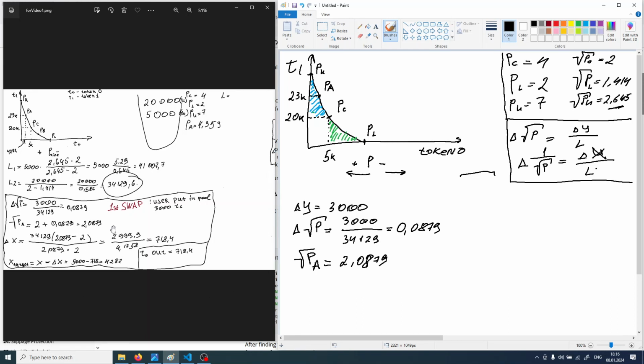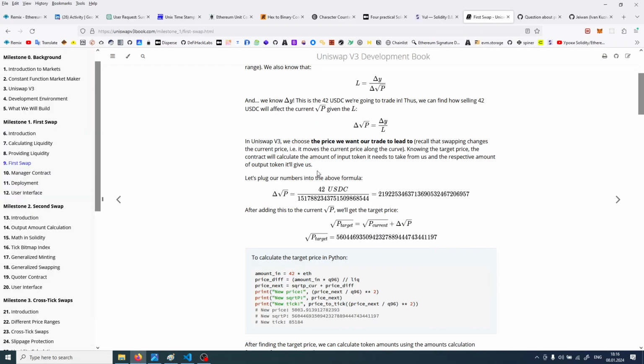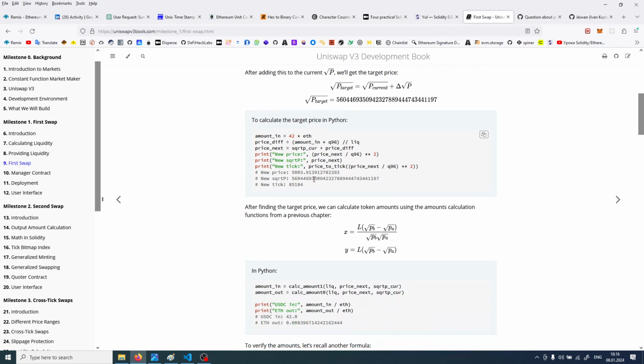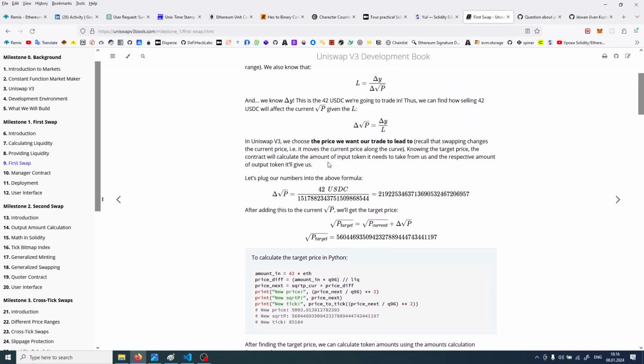Then we know this p target, PA. In some pictures in the book we use PA, in others P target.